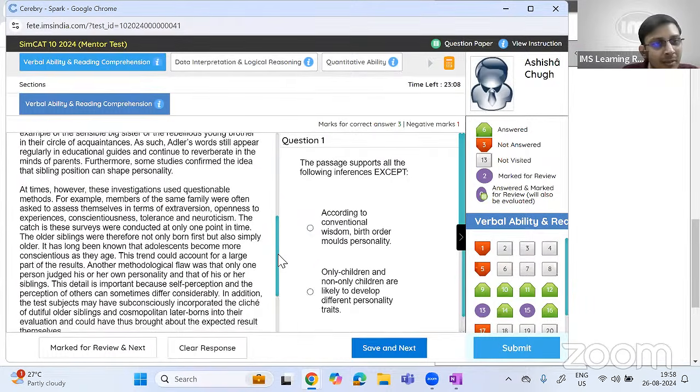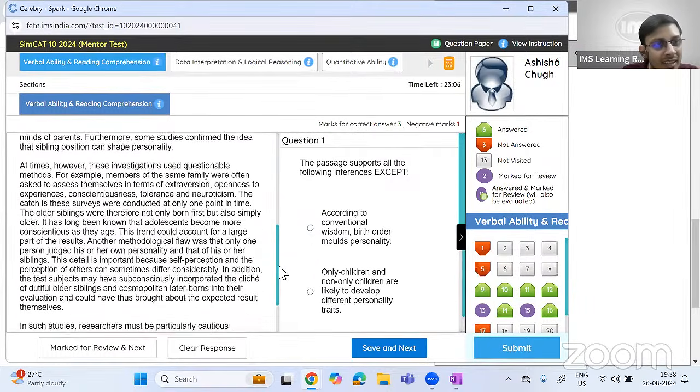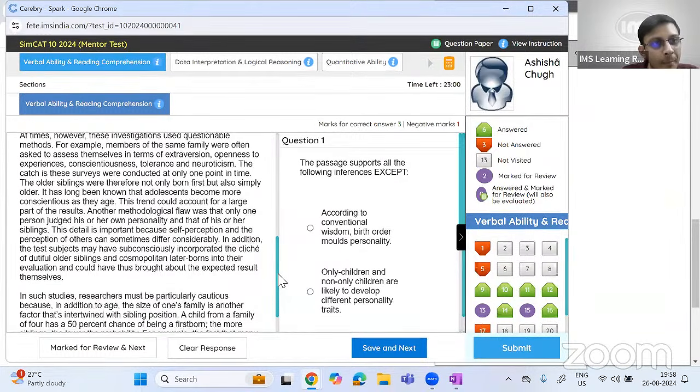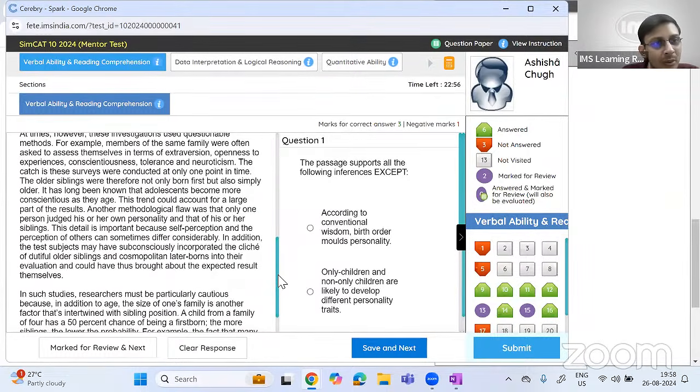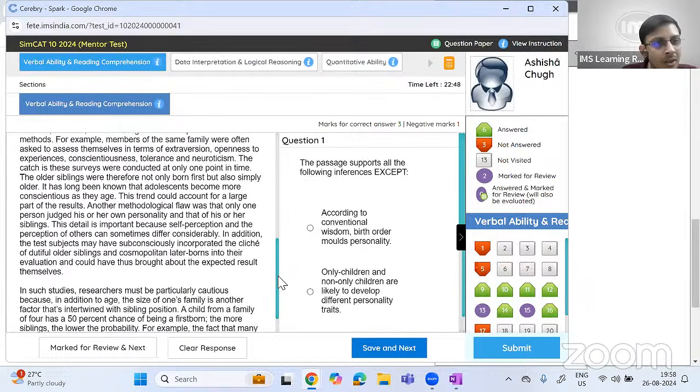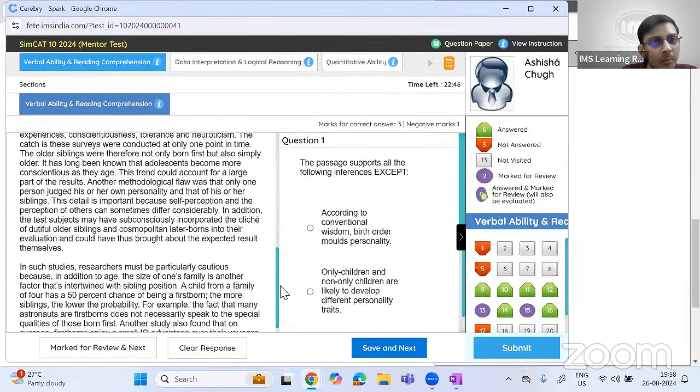Some studies confirm the idea that sibling position shapes personality. At times, these investigations use questionable methods. For example, members of the same family were often asked to assess themselves in terms of extraversion, openness to experience, conscientiousness. Okay. The catch is that these surveys were conducted at only one point in time. Older siblings were therefore not only born first, but also simply older.